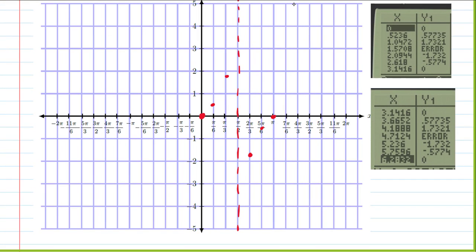So we get back to 0. And then we get another error. And if we keep going, we're going to notice the same thing seems to be happening.